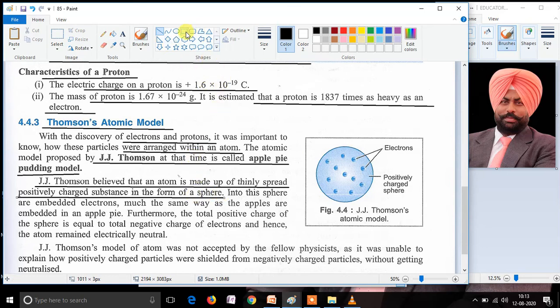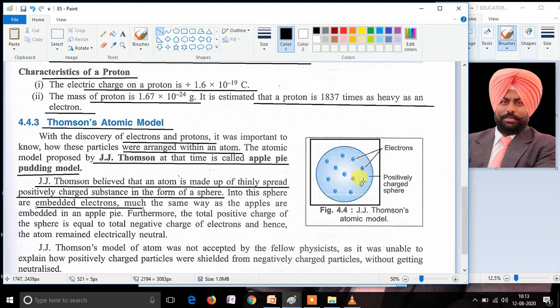Thomson believed that the atom is in the form of a sphere, and in this sphere there are electrons. You can see in the diagram these negatively charged electrons.